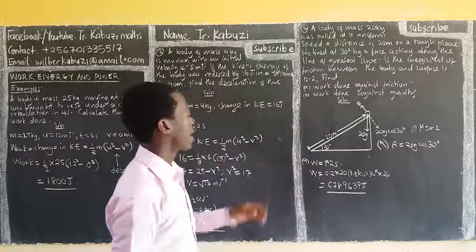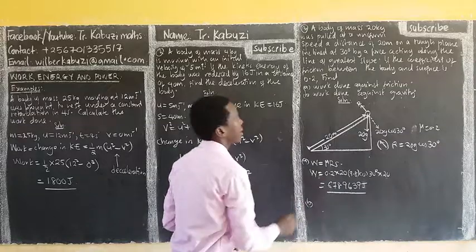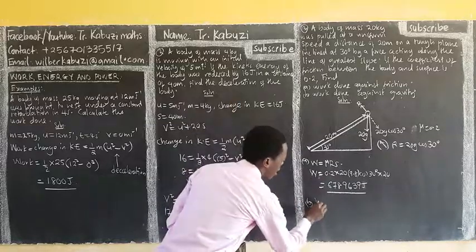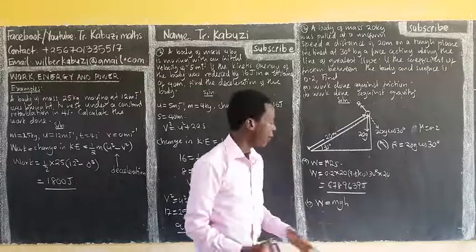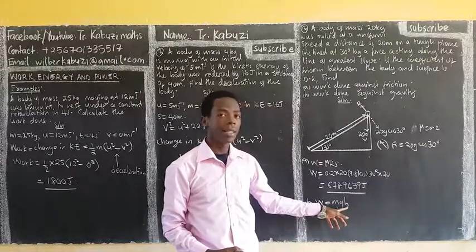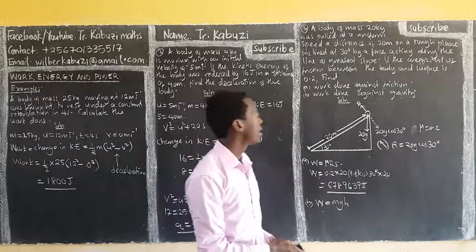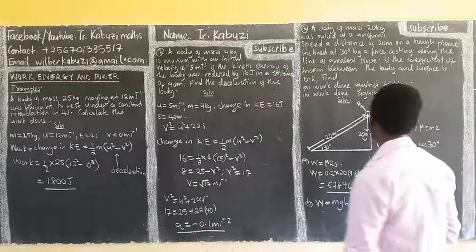Now when I come to part B, work done by gravity. Our work done by gravity is equal to mgh. Now this one is the height. You always be careful, this is the height. So we need this height here. How are we going to get that height?